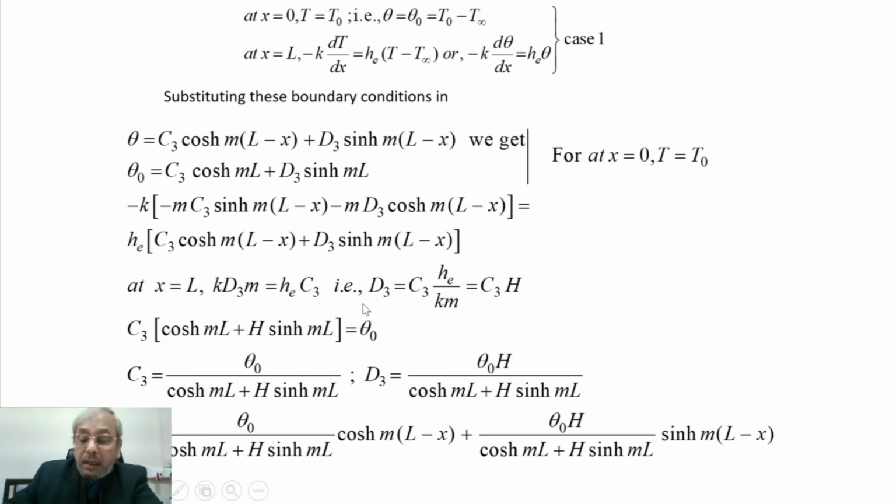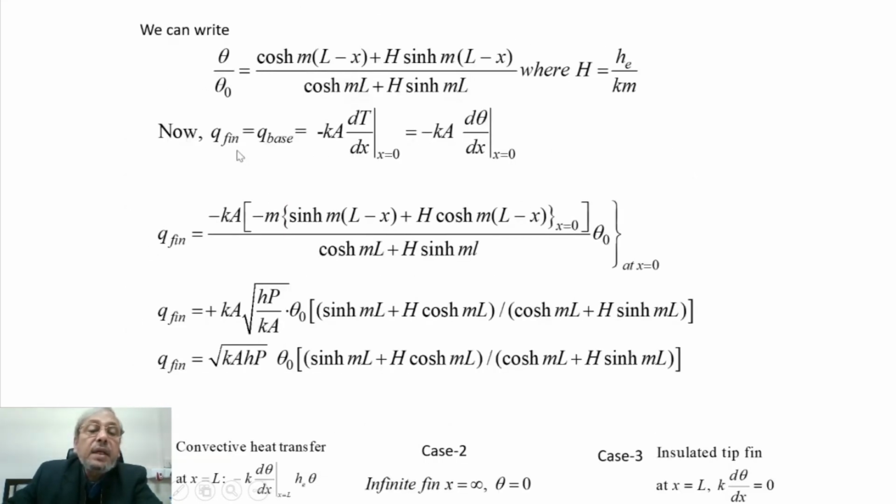So here we can write Q fin is Q at base, minus kA dT/dx at x equal to 0, or minus k, the cross-sectional area of intersection between the fin and the base, that area, into d theta/dx at x equal to 0. So for Q fin, we can differentiate this d theta/dx, and this is minus kA, minus m is common from both the terms, taken out.